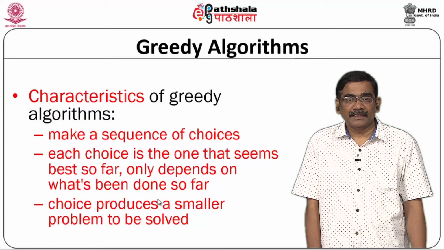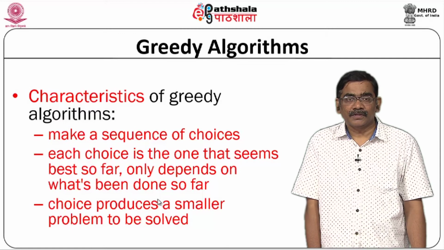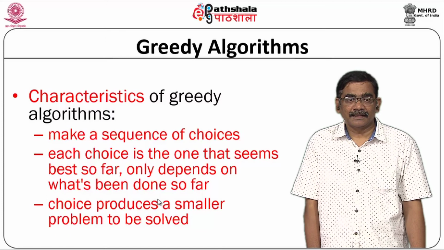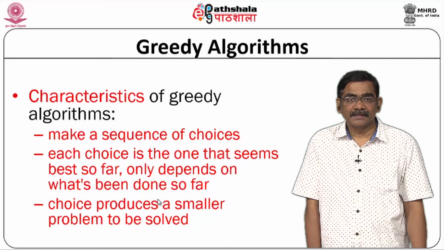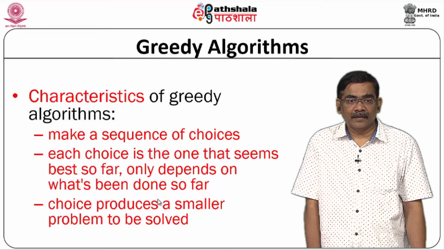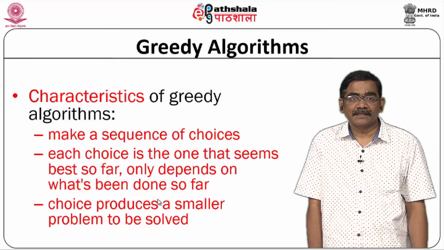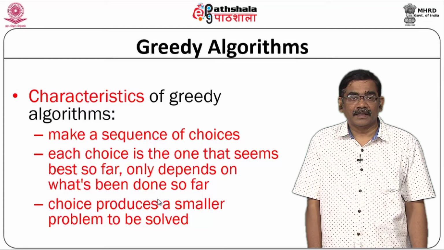Once I make the choice, then the problem is reduced. By continuing like this, we are able to solve the given problem. So, the essential characteristics are multiple choices, a sequence of choices, local optimality, and the fact that the usage of a choice reduces the instance. These are some of the salient features of any greedy approach.